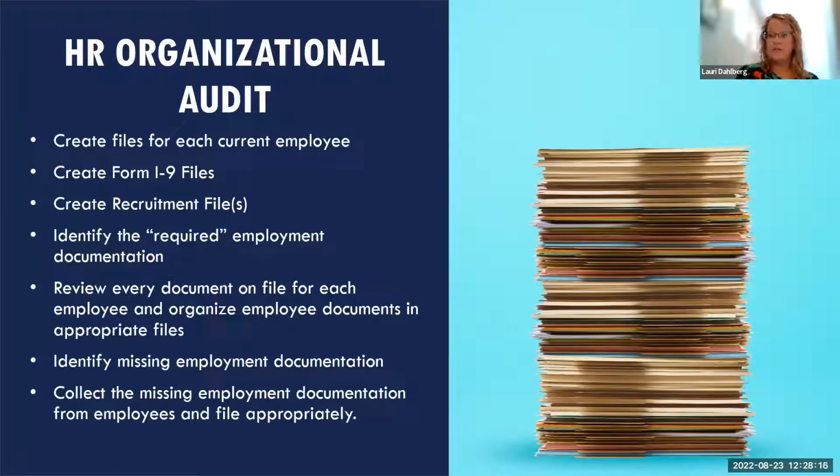And you're going to create those files, whether you do it in hard copy form or you create some sort of directory that only you have access to, and you would have Amy Johnson as one file, and then she'd have folders within her file. So personnel file, benefit medical file, payroll confidential file. You want to make sure you set that up, because as you review each employee, this is the perfect time for you to get organized and to organize things in the best way possible.